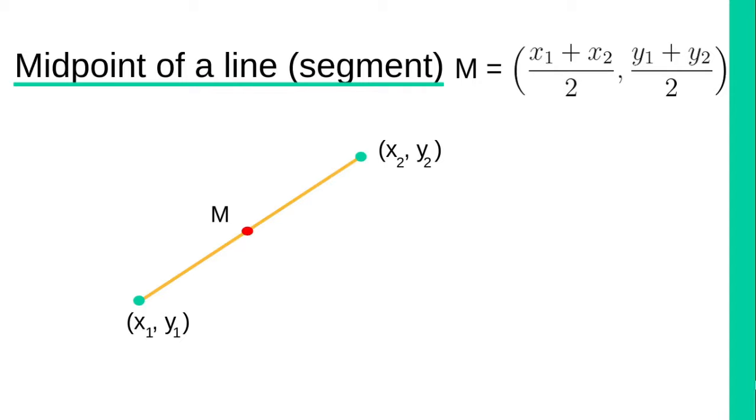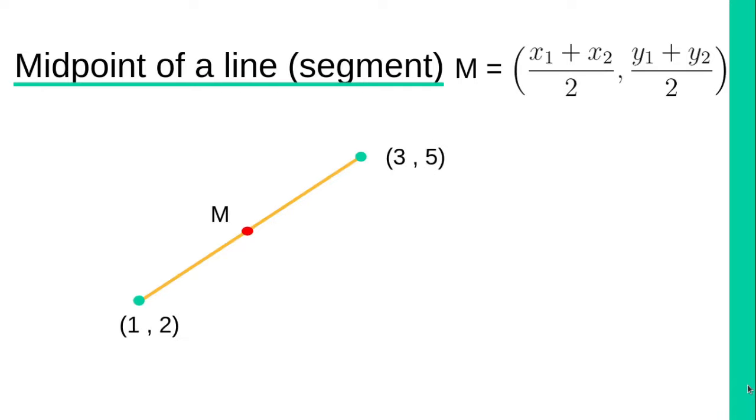The x coordinate would be x1 plus x2 divided by 2, so the sum of the x coordinates of each of the 2 points. And the y coordinate of the point M will be y1 plus y2 divided by 2. So again, the sum of the y coordinates of the 2 points divided by 2.